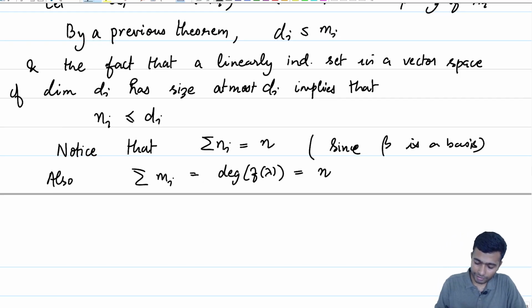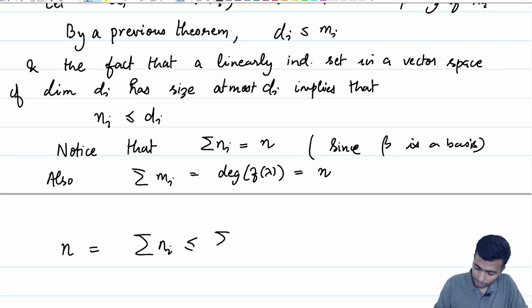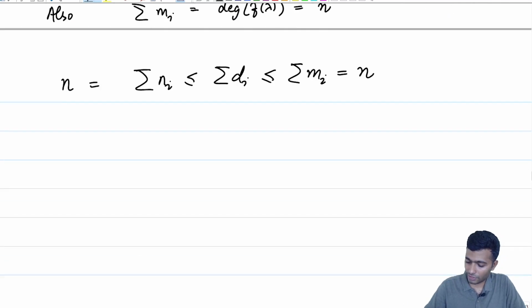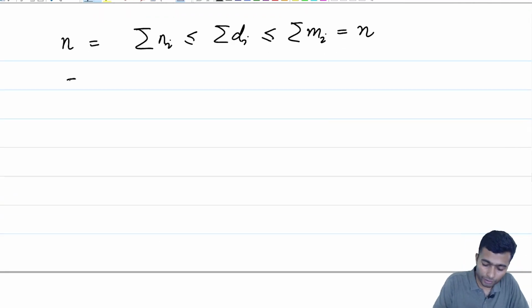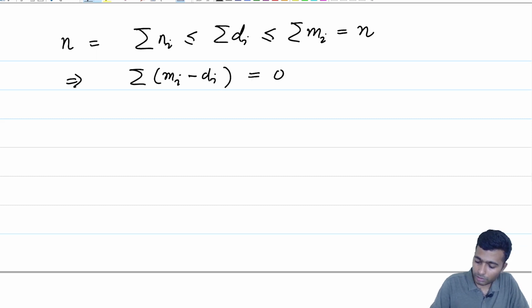And what do we hence have? We have that n is equal to summation ni, which is less than or equal to summation di, which is less than or equal to summation mi, which is again equal to n. So, there is a sandwiching that has happened, and therefore summation of mi minus di is equal to 0.